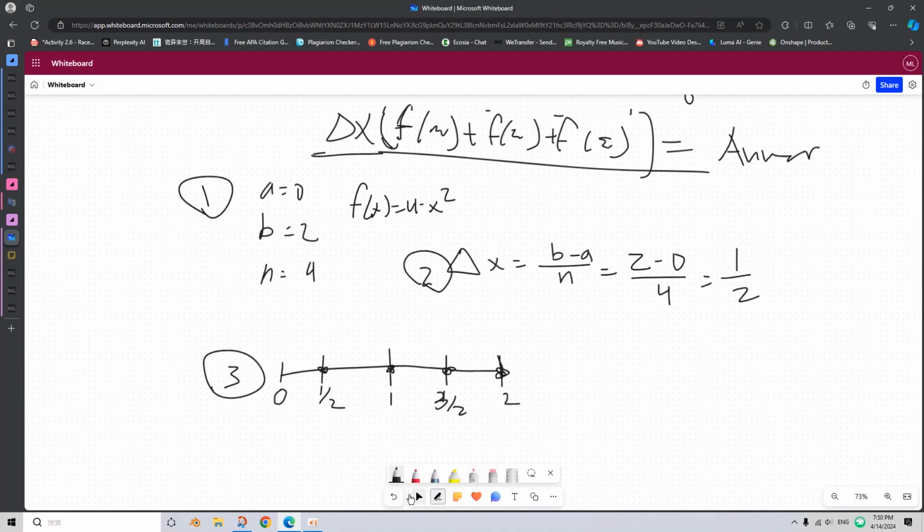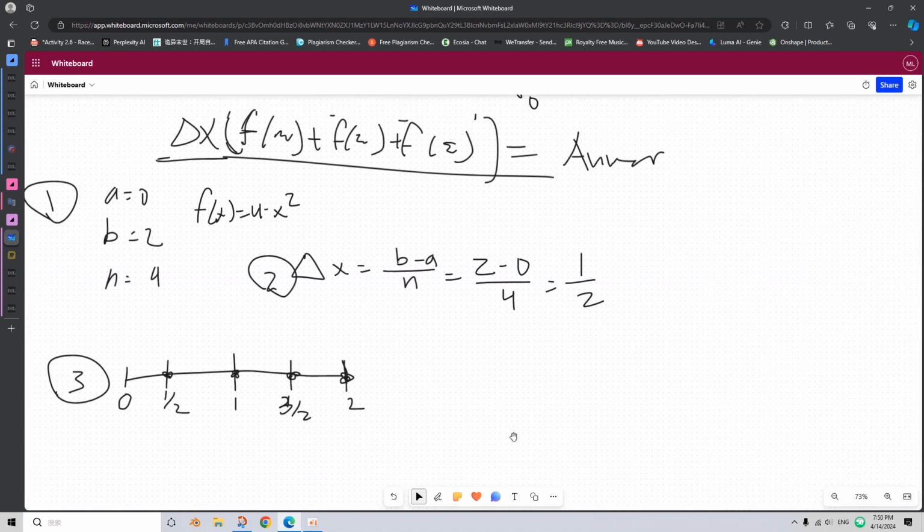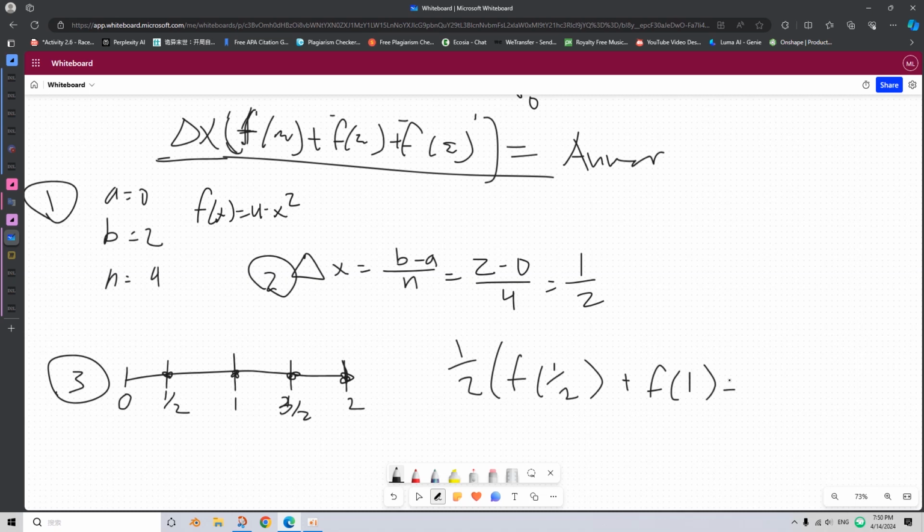We plug into the formula. So, delta x, we have it, it's 1/2. Brackets, f, the first f counts from here to here. So it's 1/2 plus 1 plus 3 divided by 2 plus 2.